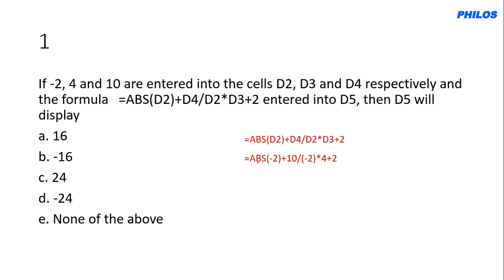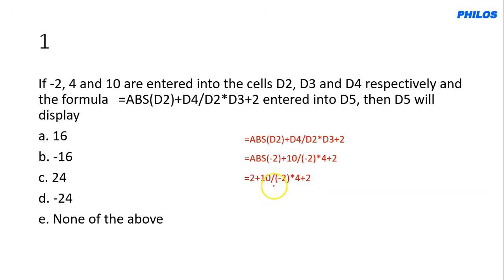So ABS(-2) should give you +2. It means absolute value of -2. So you rewrite that: we have 2 plus 10 divided by -2 times 4 plus 2.